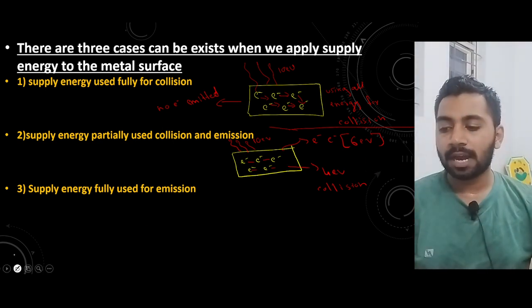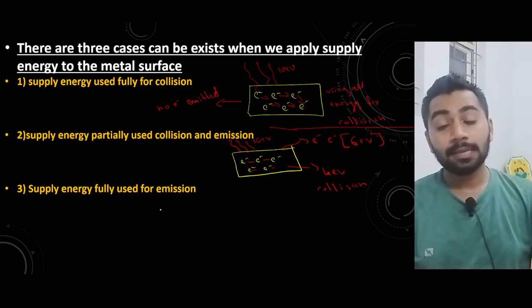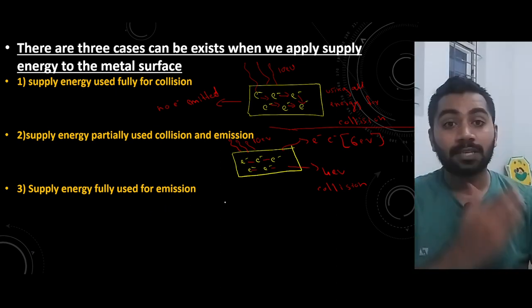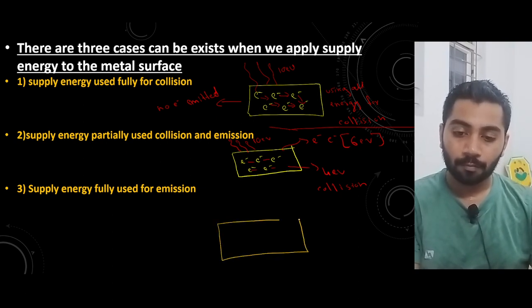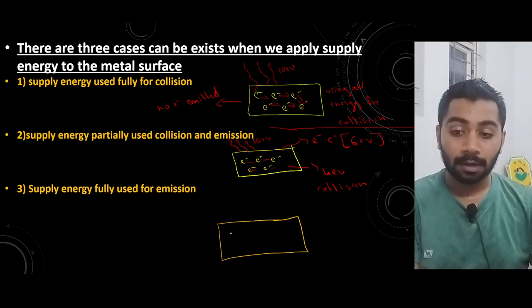Now the last case, and a very important case: supply energy is fully used for emission. This is very, very important. Now, if it is your metal, it has some electrons like this.